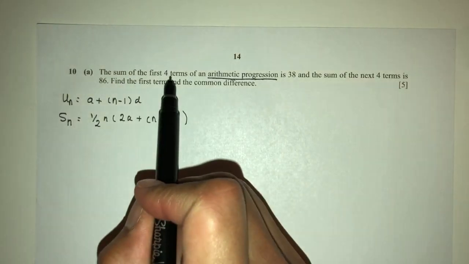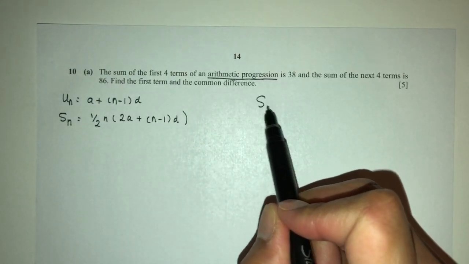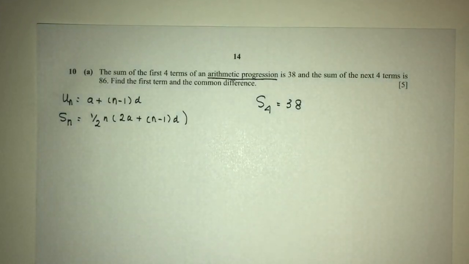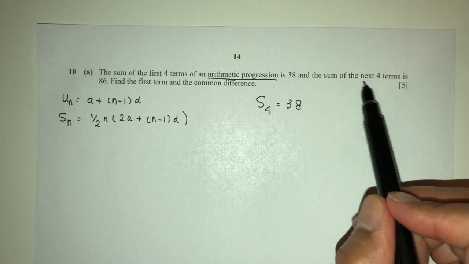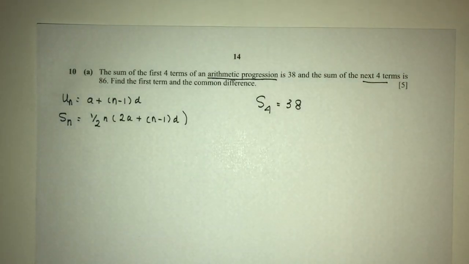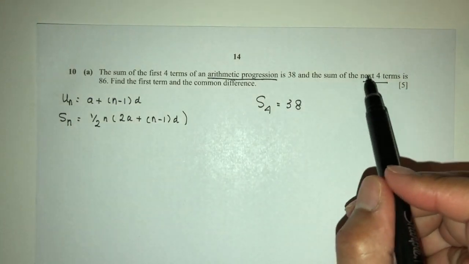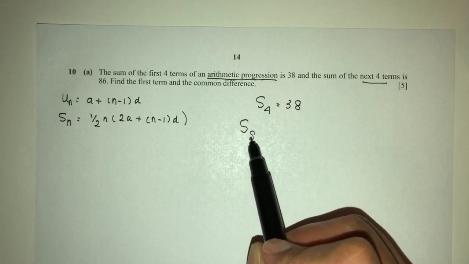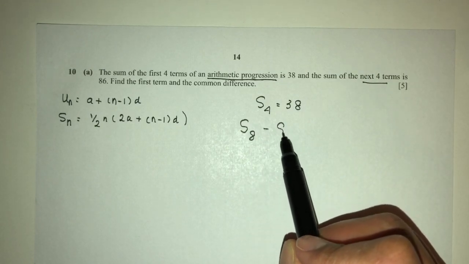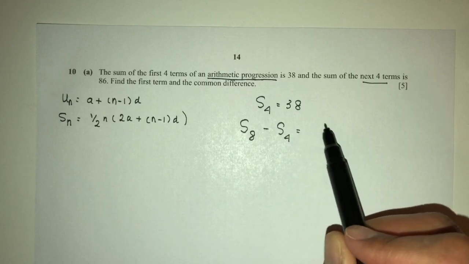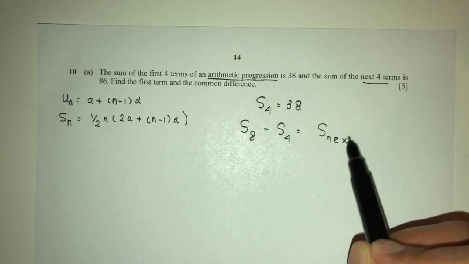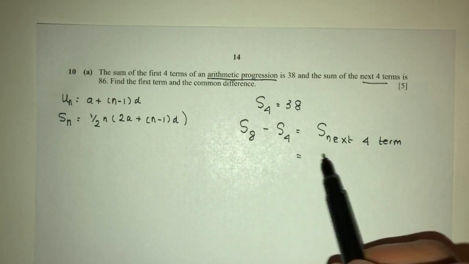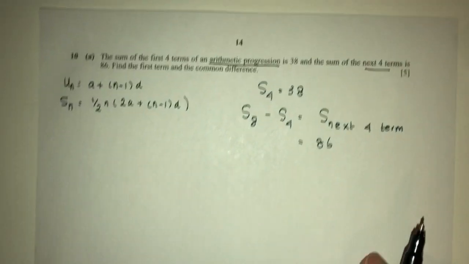Now the sum of the first 4 terms is given by 38. That's the first thing we know. And the sum of the next 4 terms is given by 86. The next 4 terms means that if you take the sum of the first 8 terms minus the sum of the first 4 terms, you will get the sum of the next 4 terms, which is equal to 86.